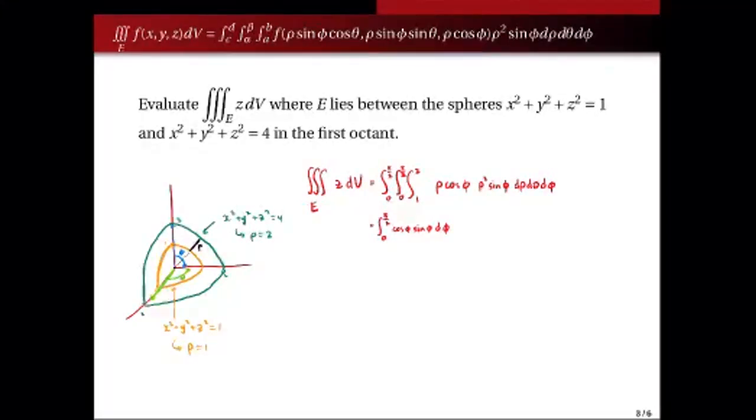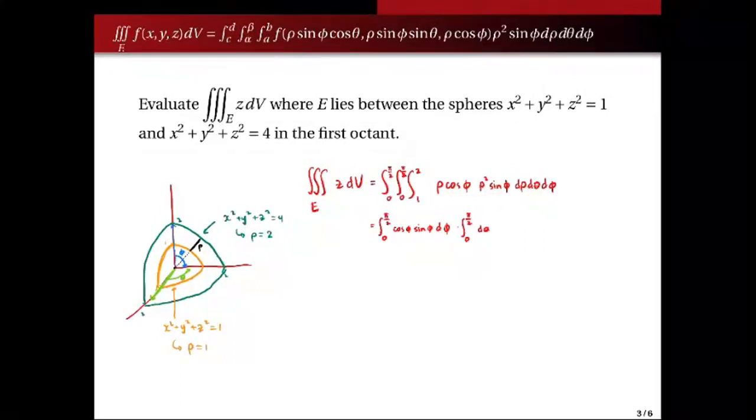And then you have the integral from 0 to pi over 2 that refers to your theta. There's no theta in the integrand, so this is just d theta. And then you have the innermost integral, that's for the rho, the integral from 1 up to 2 of rho cubed d rho.